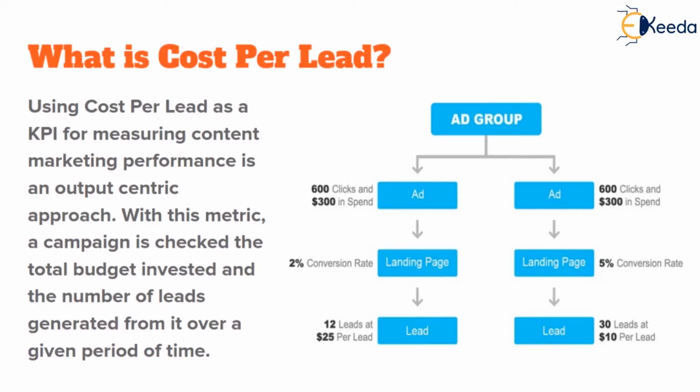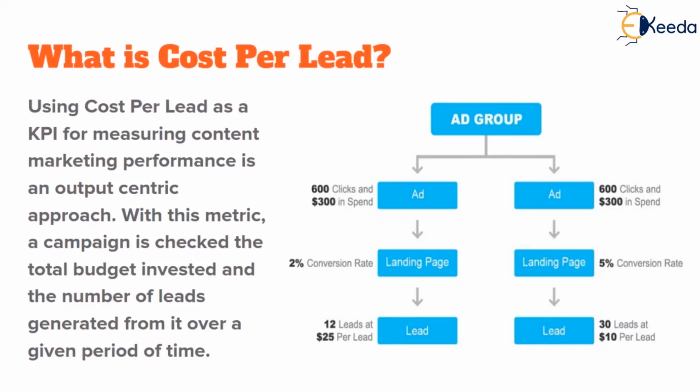Of the 600 unique visitors arriving on the landing page, only 2% are actually submitting their information and then accessing the remaining value. Therefore, out of these 600 clicks generated from ad 1, only 12 leads are generated. But the cost spent on generating these 600 clicks is $300. So that divided by 12 becomes $25 cost per lead.